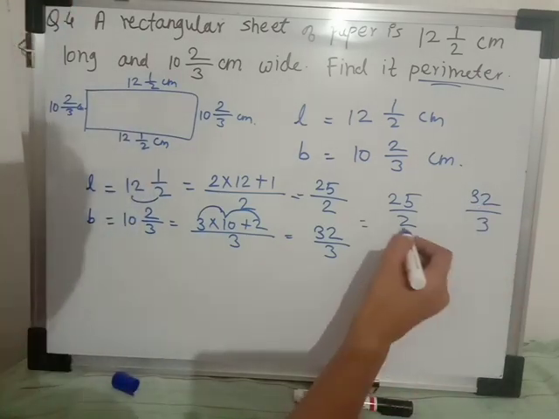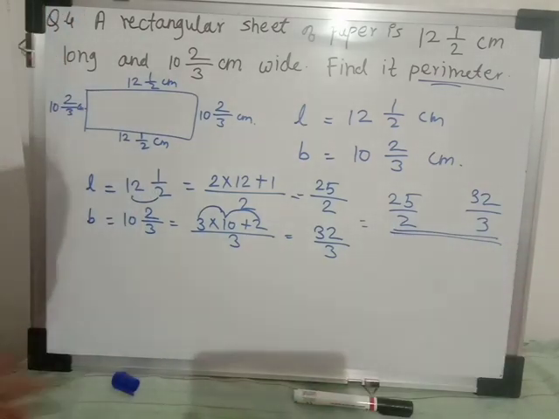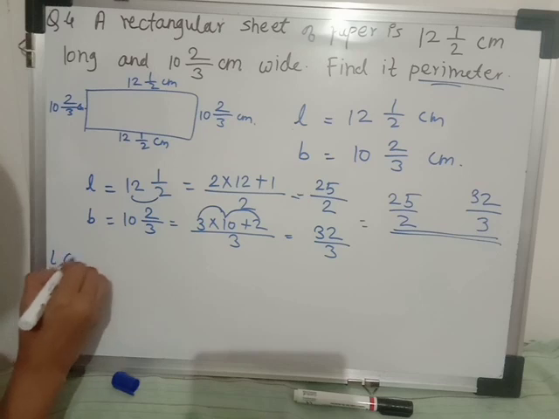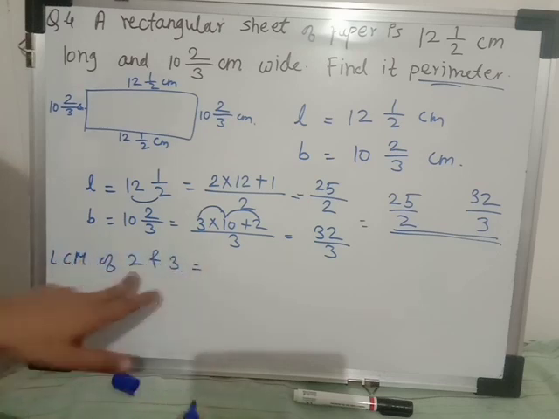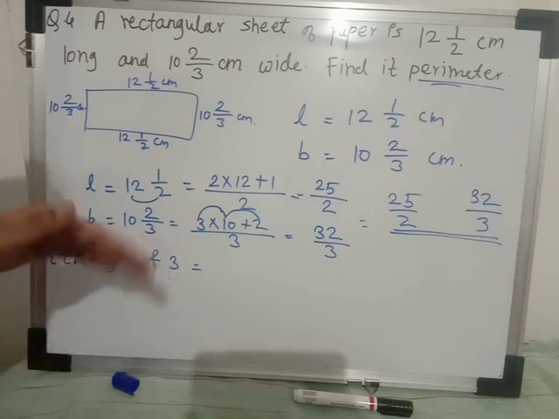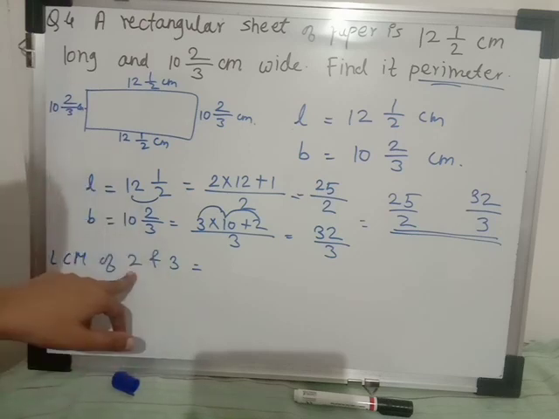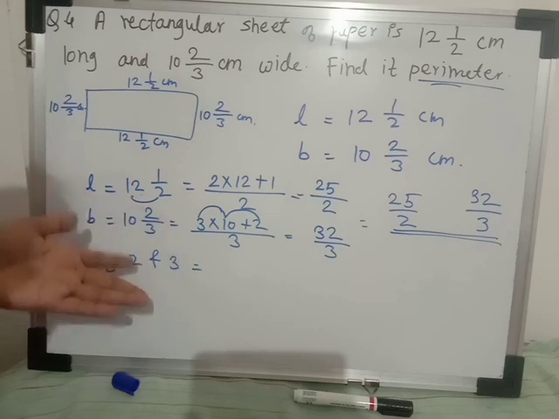Both fractions have different denominators, so we can't add them. So we have to find their LCM. LCM of 2 and 3: both numbers are prime numbers, so they are divisible only by themselves. If we divide 2, it will be 2, and dividing 3 gives 3.